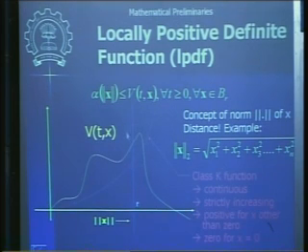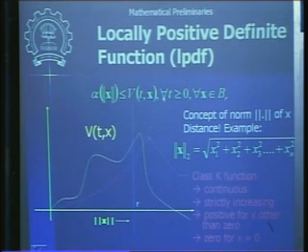Beyond this line you are not interested in what happens to the function. The function may go below the class k function, it may even go to 0 or negative, whatever; you are not worried about that. But as long as x belongs to this ball of radius r, the function satisfies this condition.